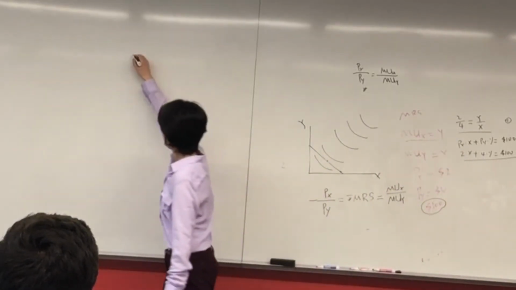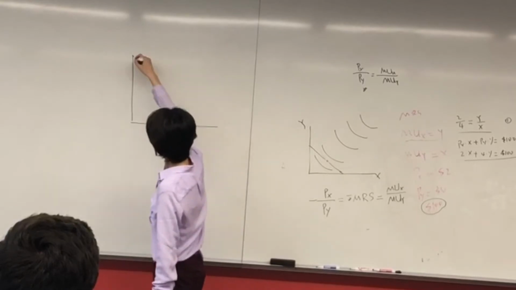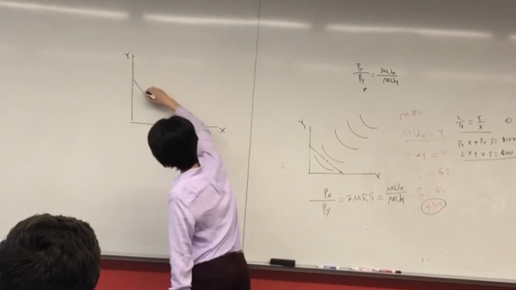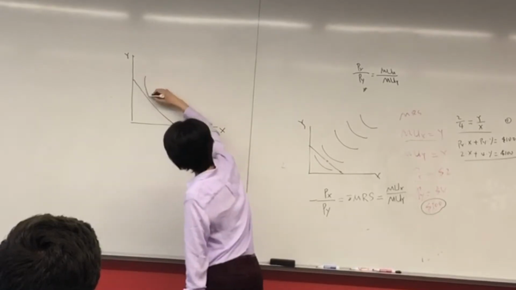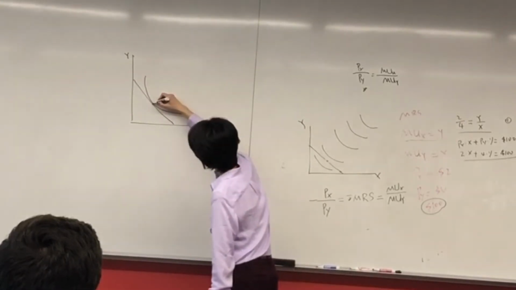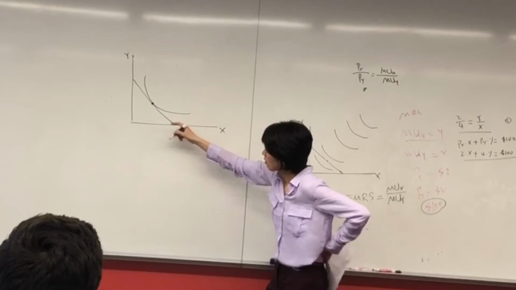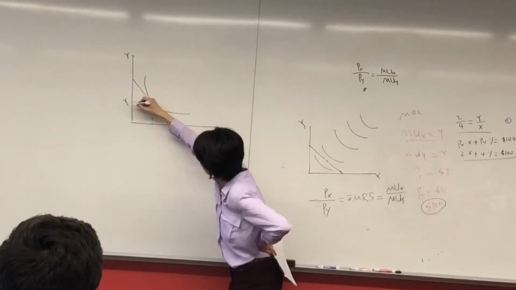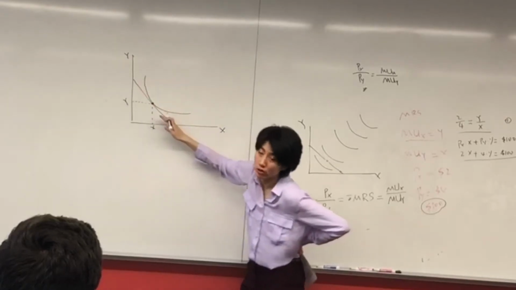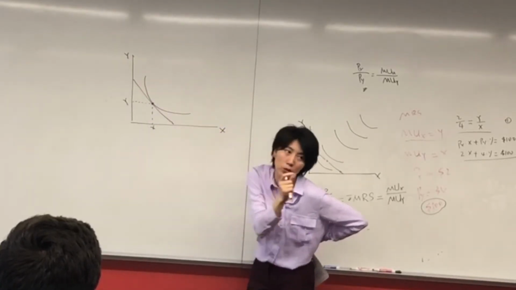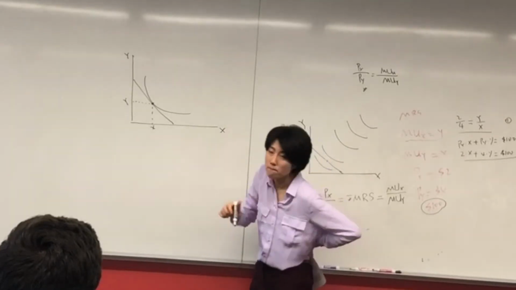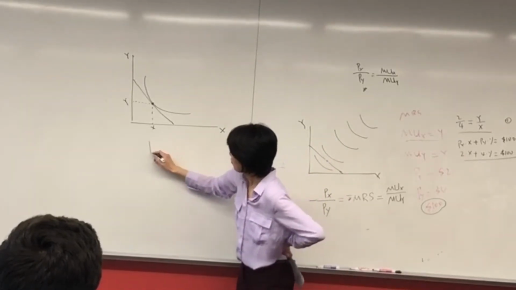On the final exam, I'll give you this kind of graph with Y, X, the budget, and this indifference curve. That's the optimal combination of X and Y, because given the budget, this combination can give the people the highest utility.